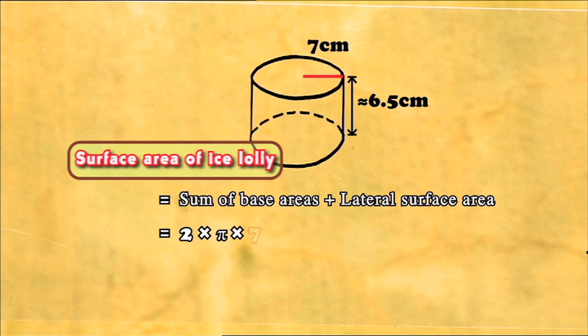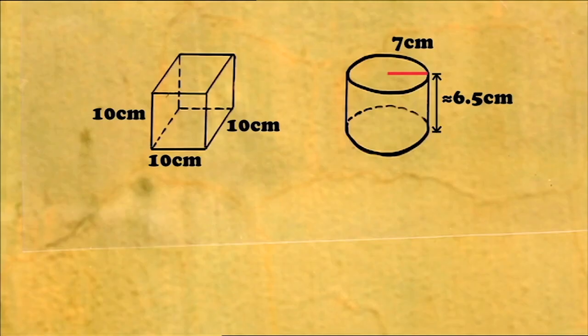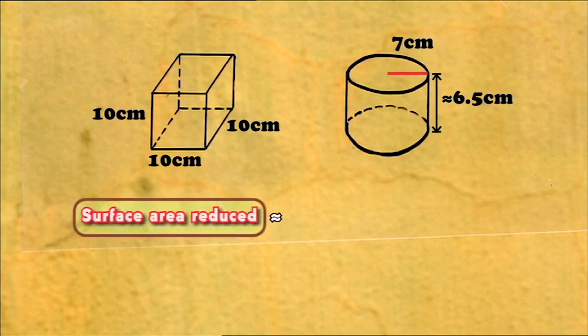That is 2 times pi times 7 squared plus 2 times pi times 7 times 6.5. After this calculation, the surface area of the ice lolly is about 594 square centimeters. Therefore, when the ice cube is turned into the ice lolly, the surface area is reduced by about 6 square centimeters.